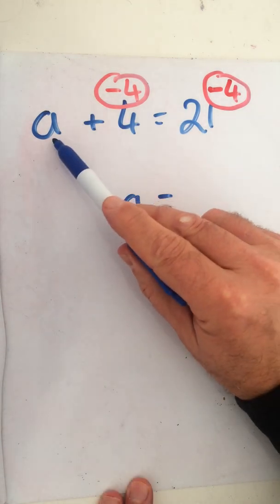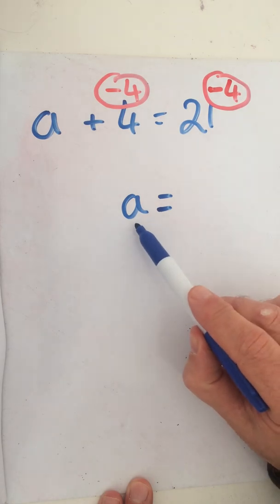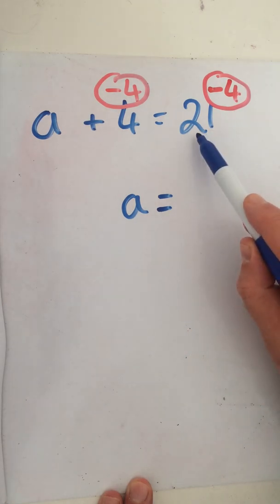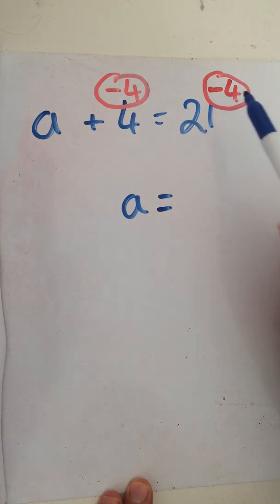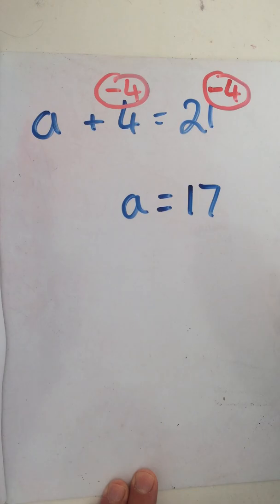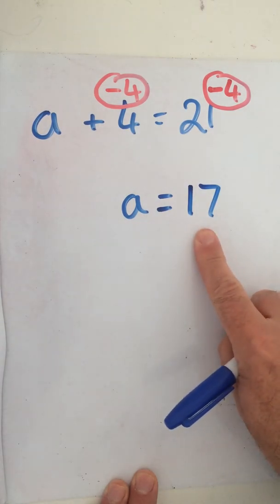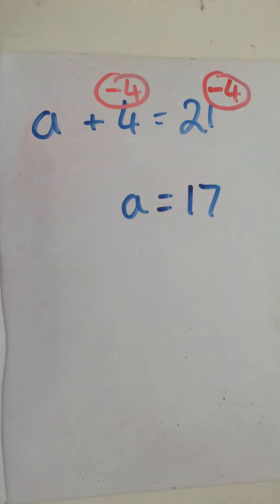Taking away 4 here just leaves me with a, and I've done the same on the other side. 21 take away 4 is 17. So a equals 17. Let me just check that: 17 plus 4 is 21. So that is an example of how it's done.